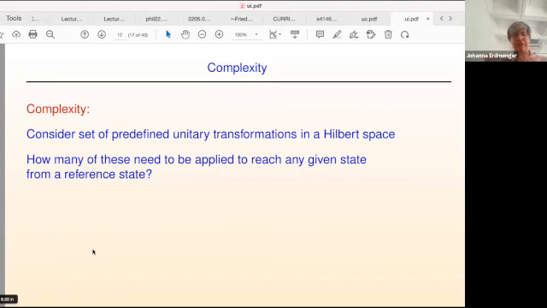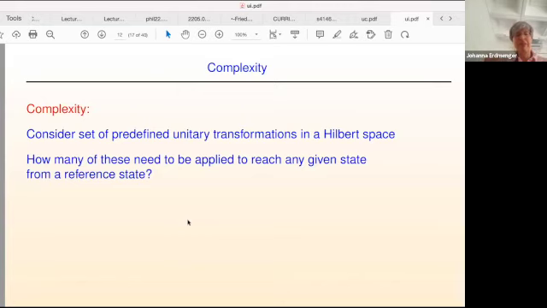Okay, so this is really, if you want to do some computation in quantum information theory, you start with some configuration of spins, and then you apply a given number of these unitary transformations, and then you get another configuration of your spins. Okay, and then the number of these is called the complexity.